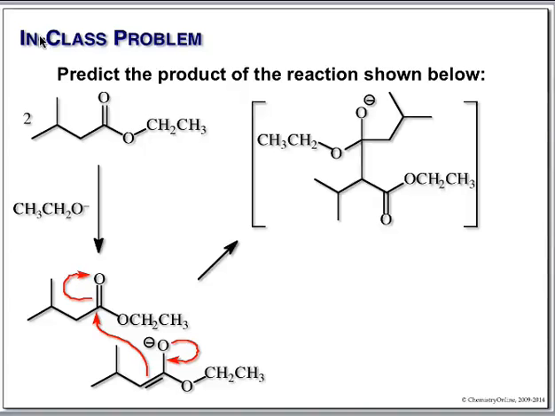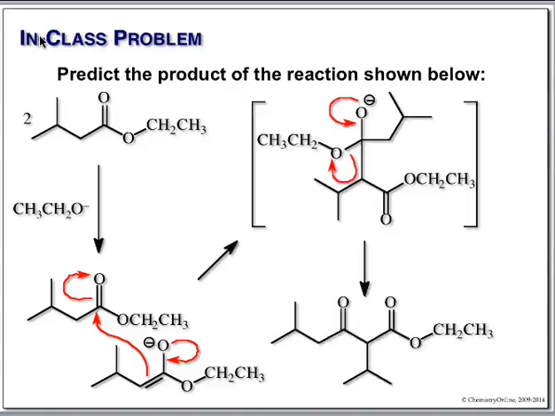Now, in our tetrahedral intermediate, ethoxide is our leaving group, right? That means that this is going to be a carbonyl, going to be bonded to a CH2 and then an isopropyl, CH, isopropyl, and ester. And it would look like that.